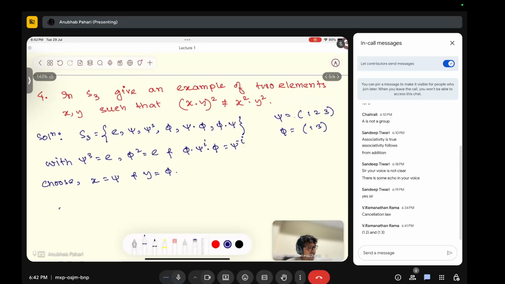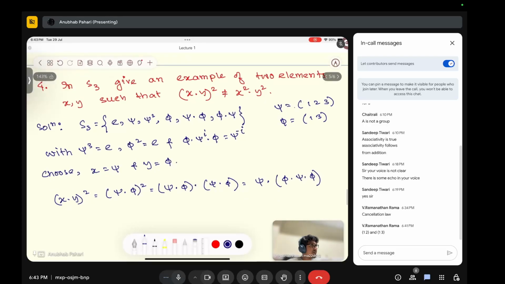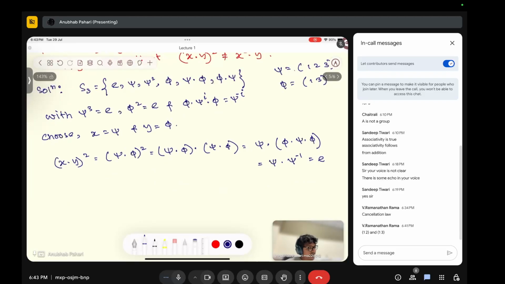Then you see that (x.y) square should be (psi phi) square equals psi phi dot psi phi, which is nothing but psi dot phi psi phi, that is psi psi inverse and E. Now x square dot y square should be psi square dot phi square, and we know that phi square is E, so it should be psi square dot E, so psi square.